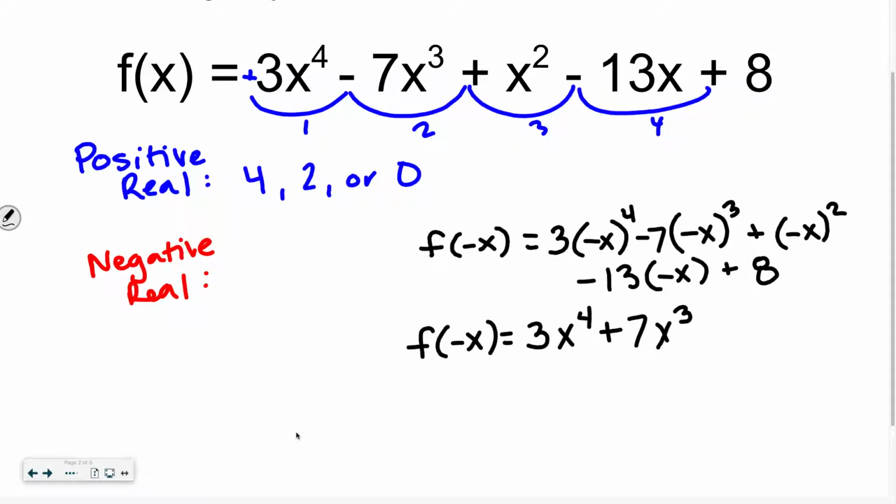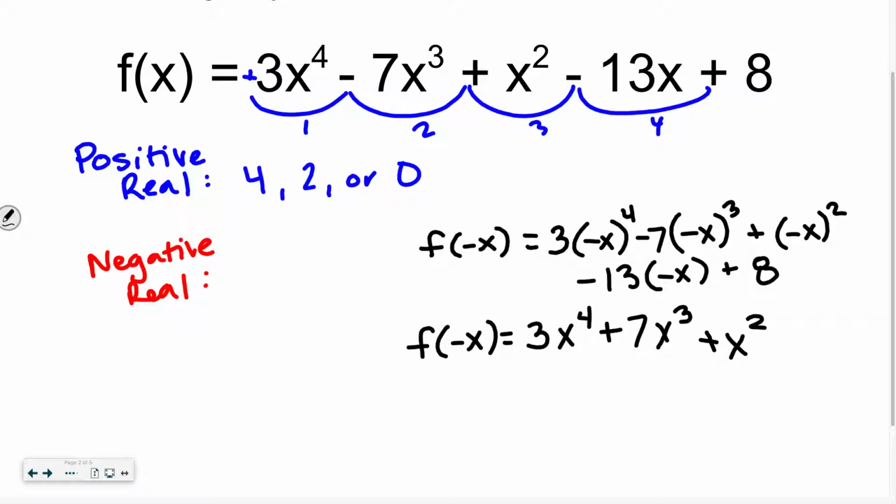Okay, so we want to focus on the patterns. What will happen when we do negative x and raise it to the second? It will be positive x squared, which is plus a positive x squared, so it's going to stay positive, keeping its sign. So here's what I want you to think about in terms of simplifying with the negative x's.